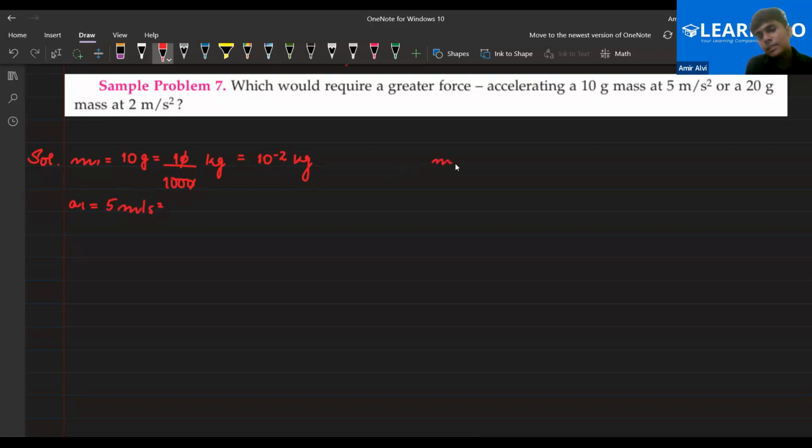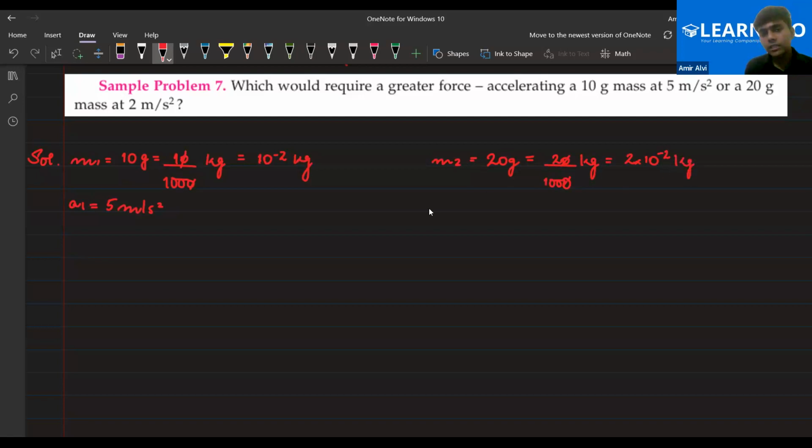Similarly, we write the same thing for the mass of 20 grams, that is 20 divided by 1000 kgs, which equals 2 into 10 to the power minus 2 kgs.